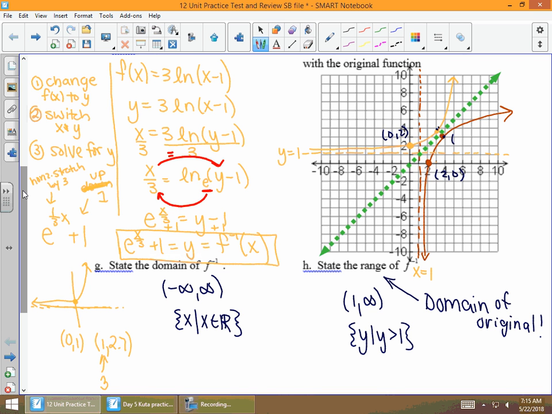And the same with the range of our original function, it is the domain of our inverse. That's the nice thing about knowing that relationship about the x's and y's switching.